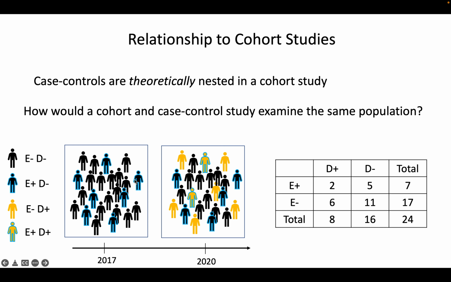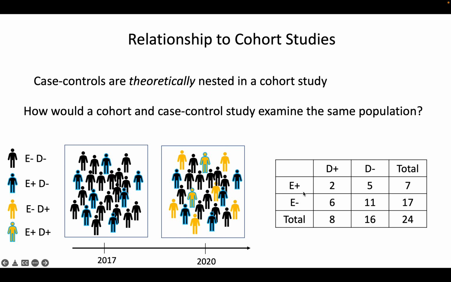So if this is the disease experience of the population, in 2017, no one was disease positive, but we had all of these people, and the people colored black are exposure negative and disease negative. The people with the blue outline are exposure positive, and over time people developed the disease after 2020, and some of those people were exposure negative, some were exposure positive.